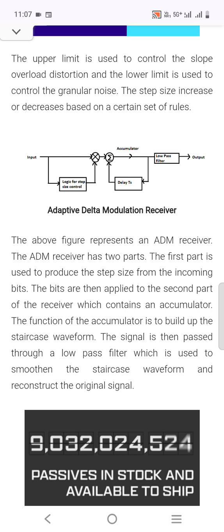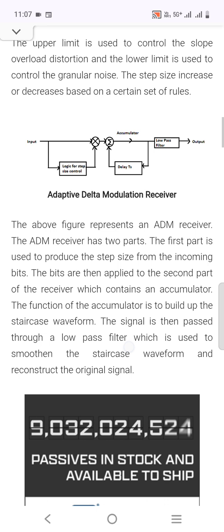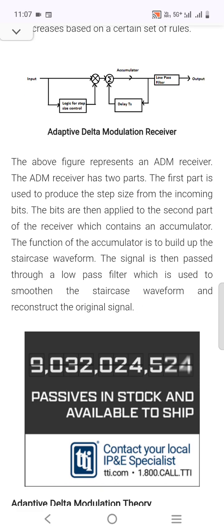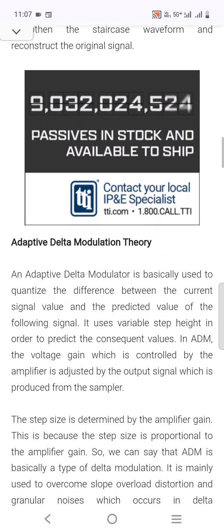The first part is used to produce the step size from the incoming bits, and the bits are then applied to the second part of the receiver, which contains an accumulator. The function of the accumulator is to build up the staircase waveform. The signal is then passed through the low pass filter, which is used to smoothen the staircase waveform and reconstruct the original signal.